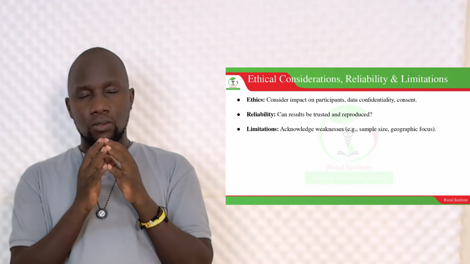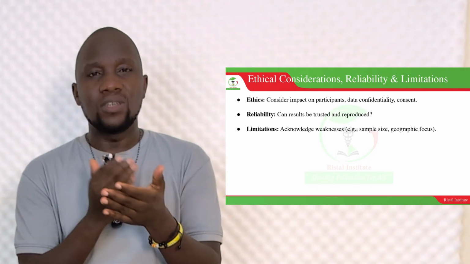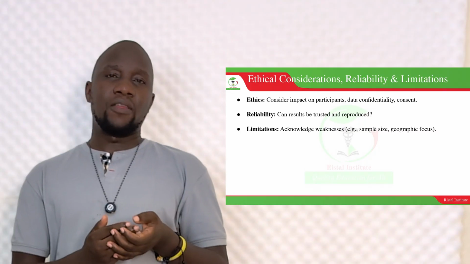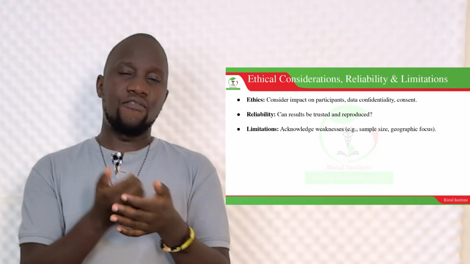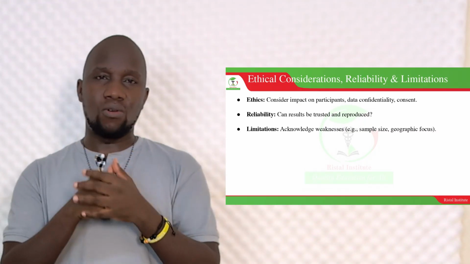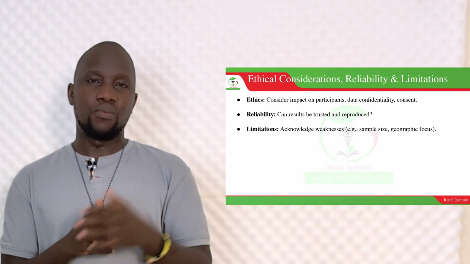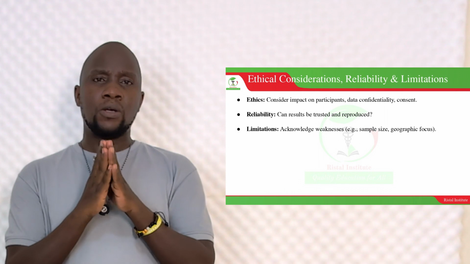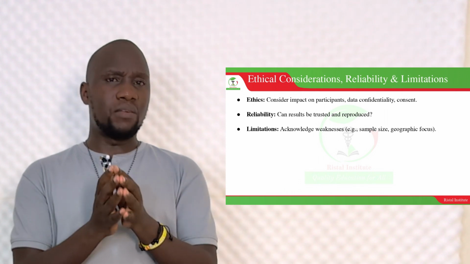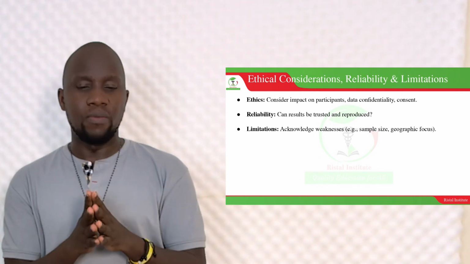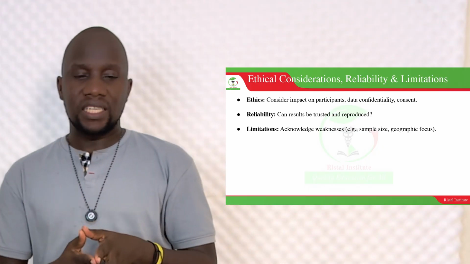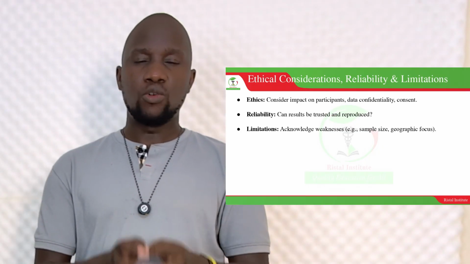All that, even the consent form. You should have a proper consent form that has all the elements of ethical principles. All the ethical principles of research should be there. So your ethical considerations should be there.